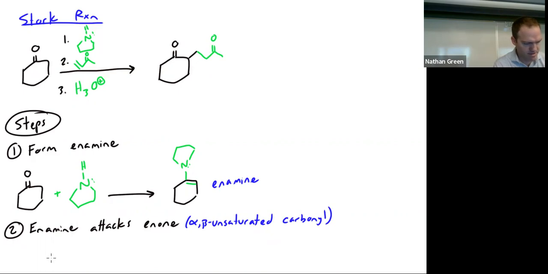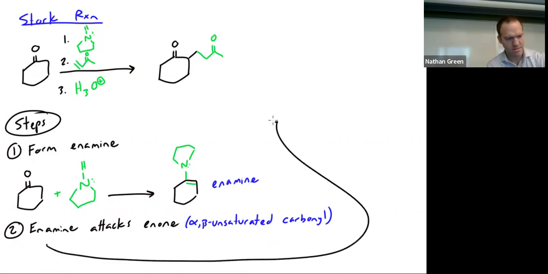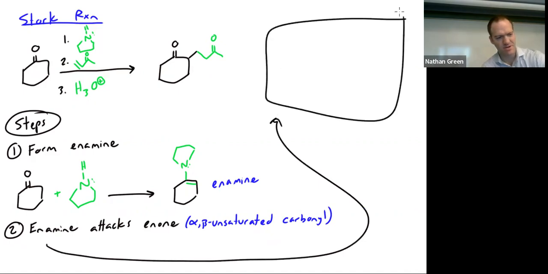So we take our enamine, put this below in your notes where it makes sense. React it with our alpha beta unsaturated carbonyl.